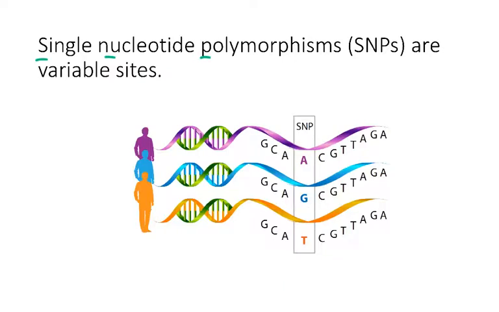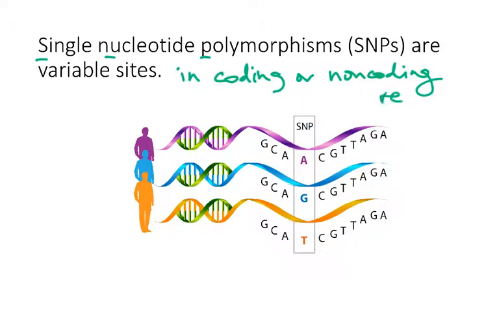That's illustrated here with 3 different individuals. They have a certain DNA sequence that we're looking at that can be either in coding or non-coding regions. That's an important distinction to make. You can find SNPs in regions of the genome that are coding and actually result in a gene and protein product, or non-coding regions that do not result in a protein product.